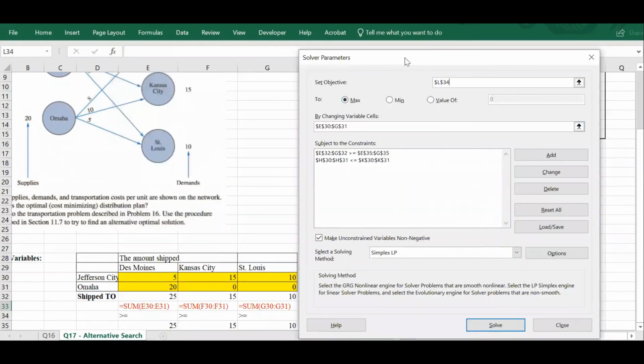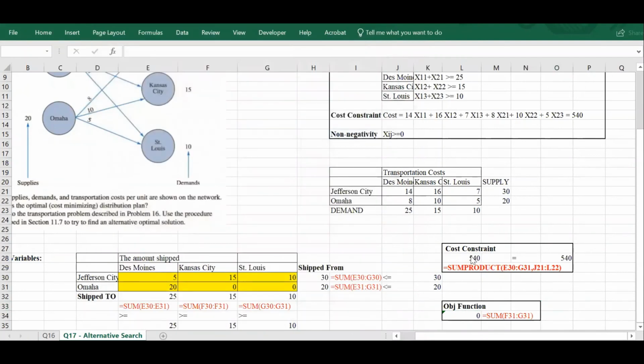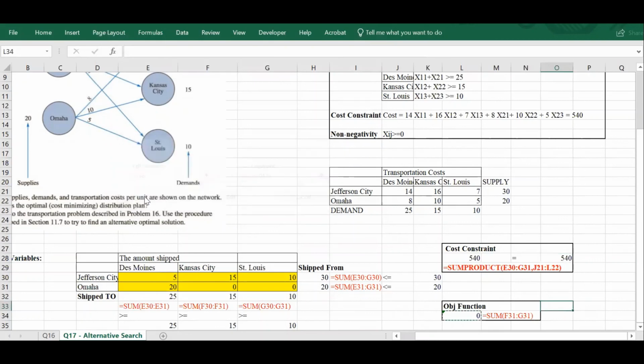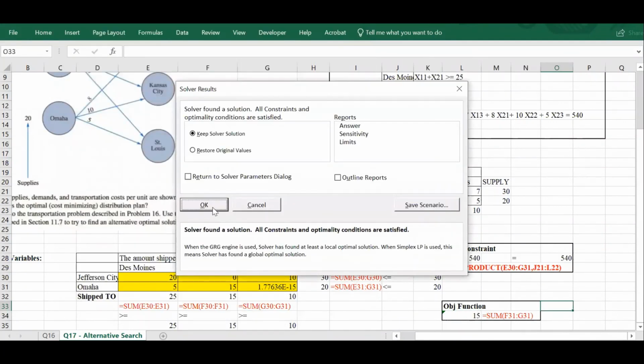The constraints are the same. The only thing is to add the cost constraint, and that would be left-hand side exactly equal to 540. Okay, everything looks great. I just go ahead and solve it, and we're hoping for the objective function to take a positive value. Let's see if that is the case.